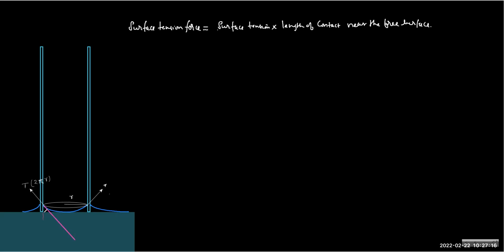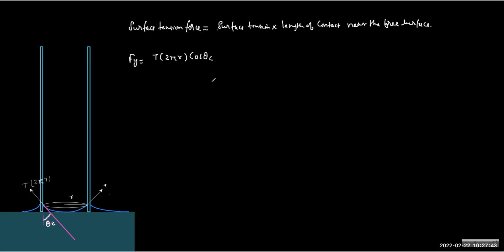So this angle is the angle of contact, as you can see, and therefore we can also calculate the vertical component of the surface tension force. So the vertical component of the surface tension force is how much? T into 2 pi r into cos theta, cos theta of the angle of contact, correct?